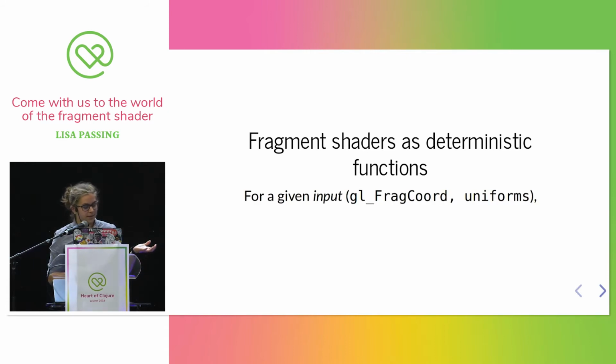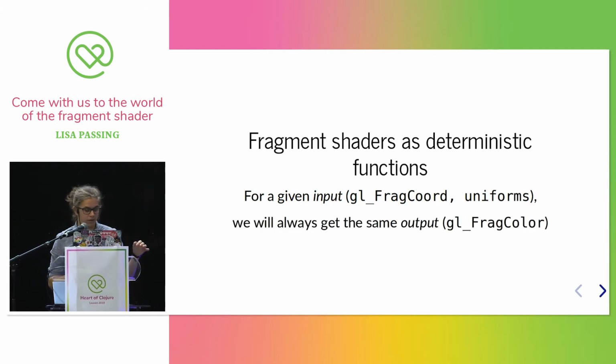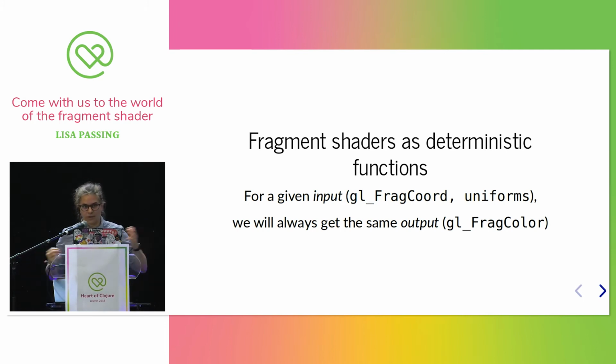What we really have is an input, the coordinates and whatever uniforms we're sending into the shader. For these inputs, we will always generate an output, the color, and we can do this in a vastly parallel way. So this is my take on graphics programming. It's actually functional programming.